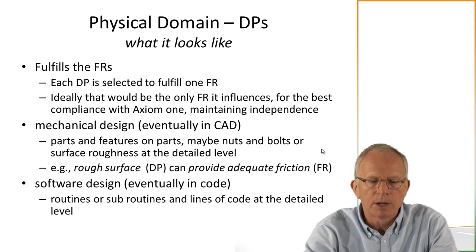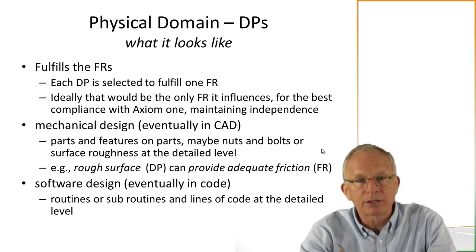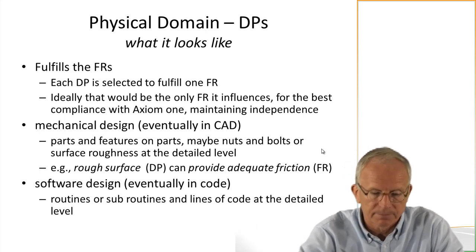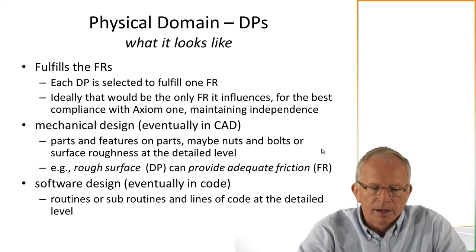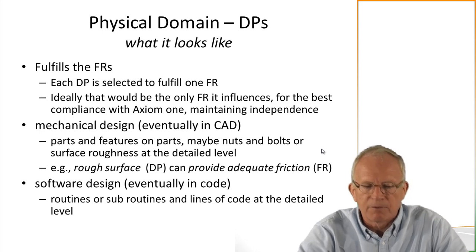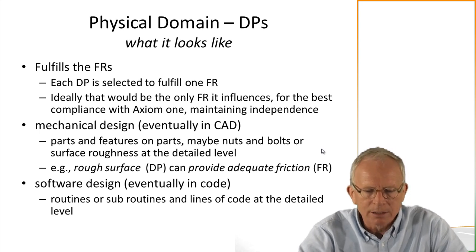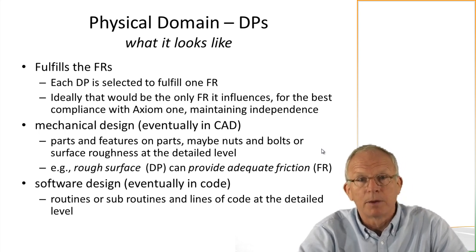Okay. So in a mechanical design, and eventually the design parameters end up in some sort of CAD file or CAD drawing. These could be parts and features on parts, maybe nuts and bolts, or surface roughness at the most detailed level. Now, if I'm designing a machine, the nuts and bolts might be the most detailed level.